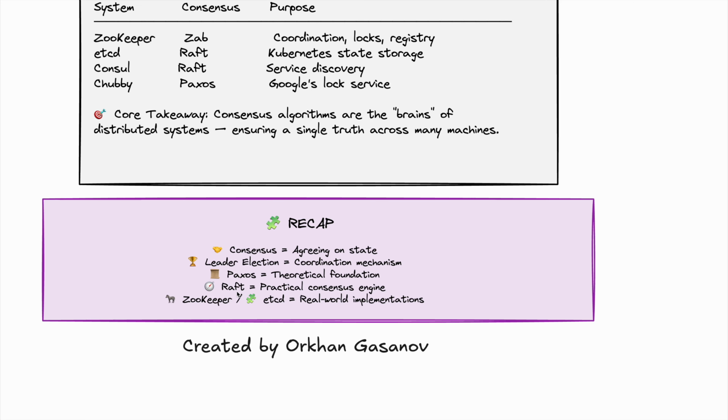Two widely used algorithms that we reviewed today are Paxos, which is a theoretical foundation, and Raft, which has more practical use in consensus engines and is more widely used. And real-world examples of consensus are Zookeeper, used in systems like Kafka, and etcd, which is used as a database or storage for Kubernetes.